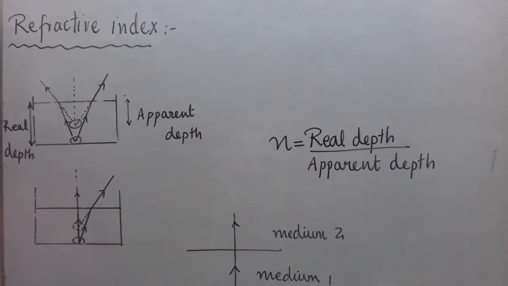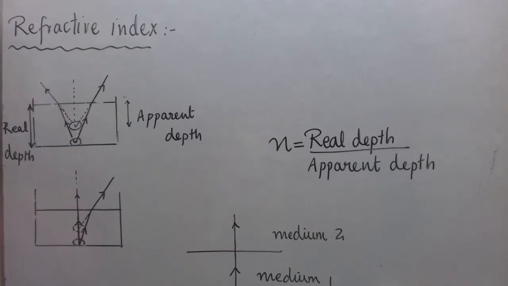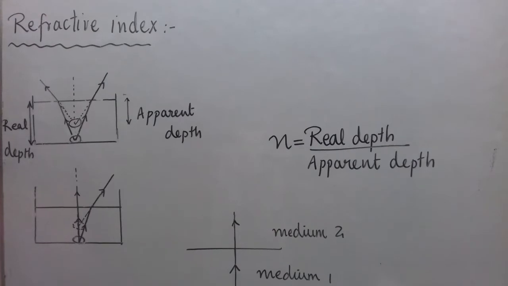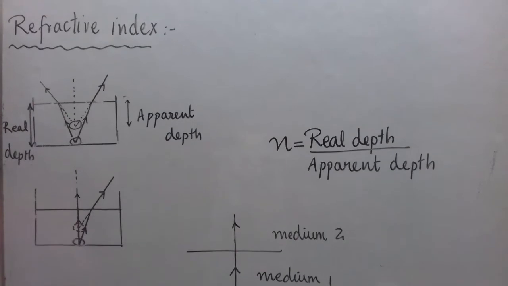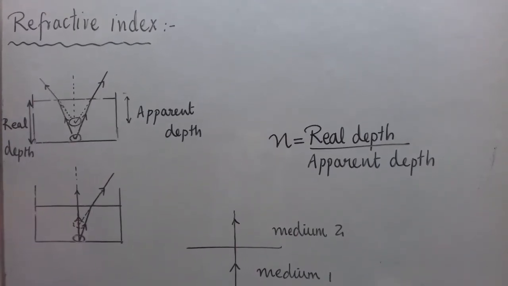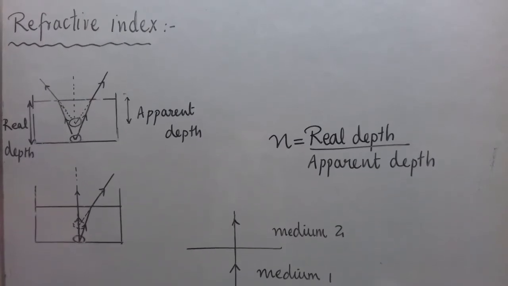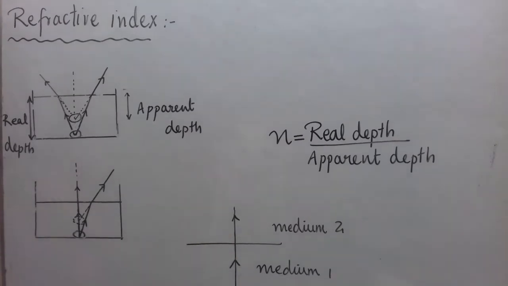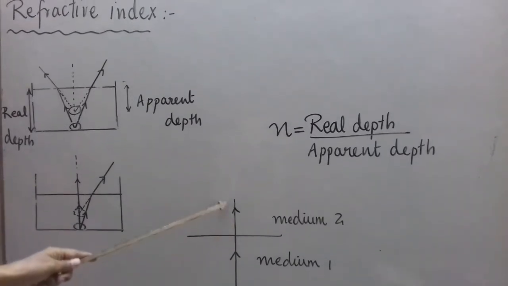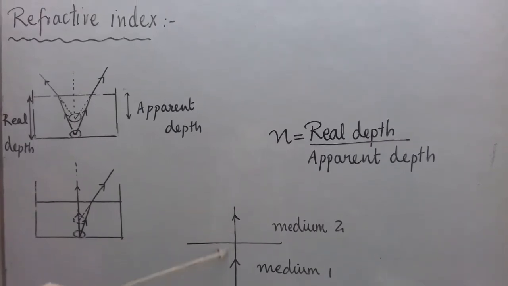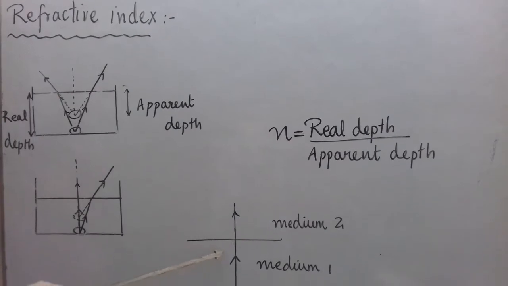So here also, to get the image of a point, we can choose two suitable rays coming from the point and get the point where they meet or appear to meet after refraction. That point where the rays after refraction meet or appear to meet is called the image of that point. Also do remember, if I have this medium 1, medium 2 and this is the normal, which should have been a dotted line, here I have drawn the incident ray along the normal, so it is a case of normal incidence.